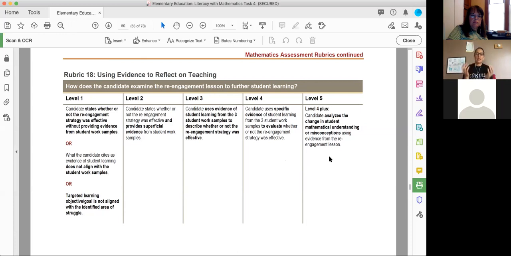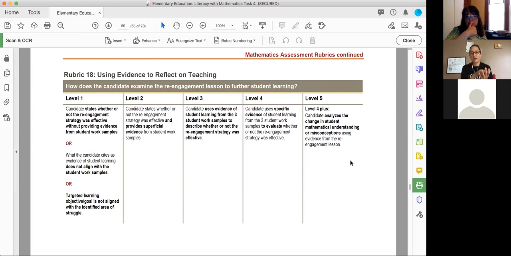So you could say something like, in student work sample 1, I see that in assessment items 1 through 3, the student was using the strategy that I used in the re-engagement lesson.